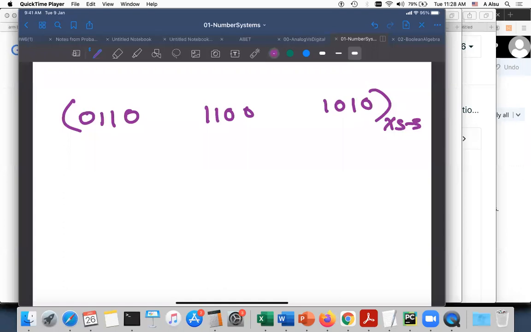Now I would like to find the decimal that is encoded using this code here. How do I come back to the decimal?